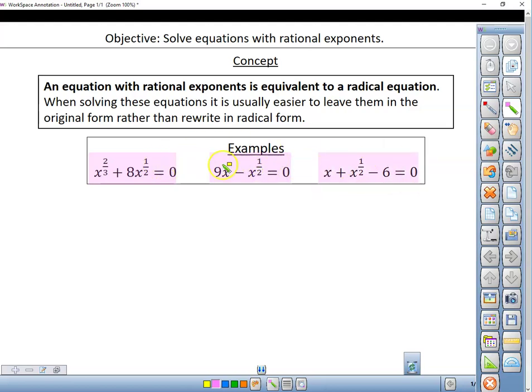We're looking at binomial structures and trinomial structures, and we'll learn that we can treat these like we have other binomial and trinomial structure equations and use our skills of factoring to create a product of factors and then use our zero product property in order to find the solutions.